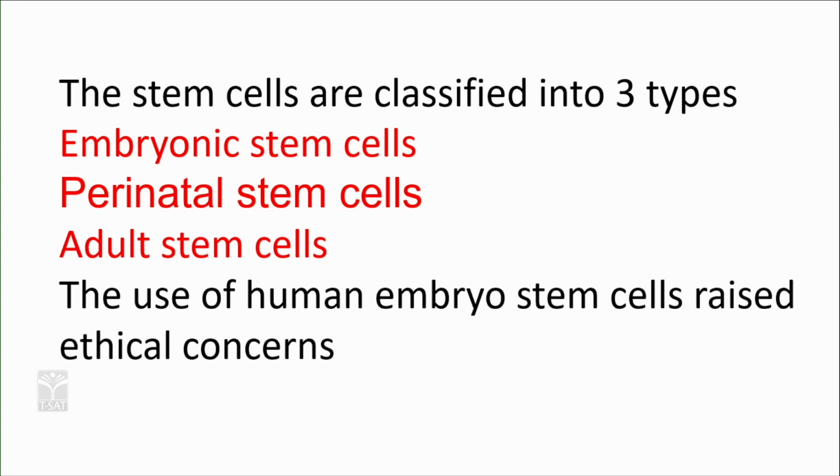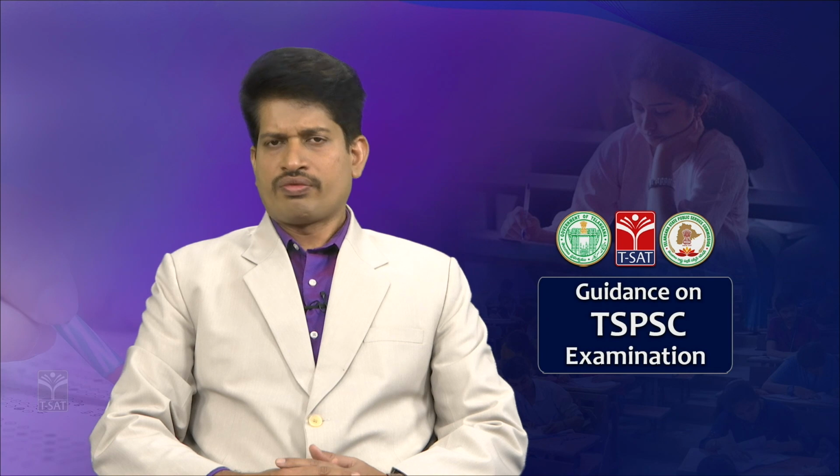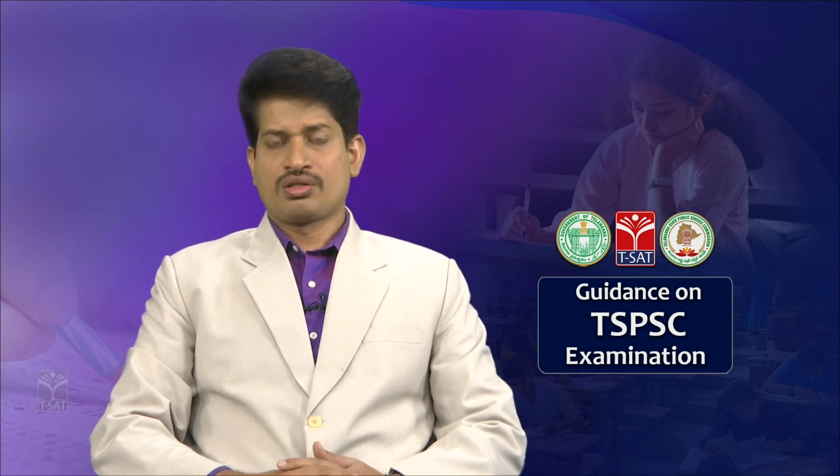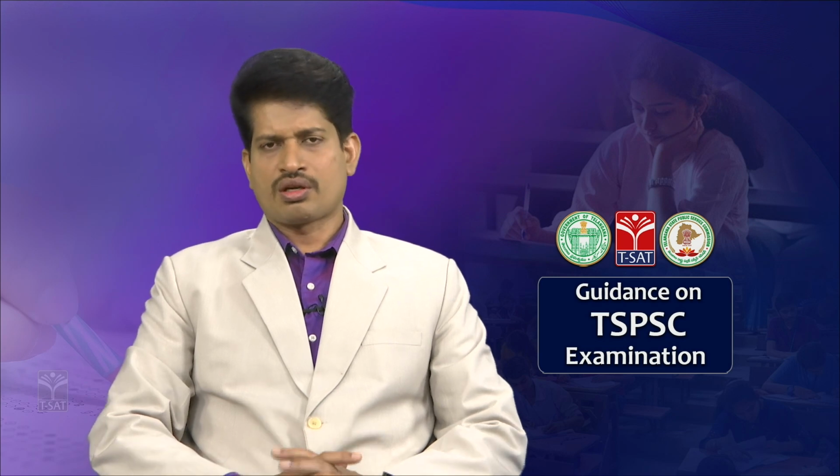So, we need to know where these stem cells are and their capacities. The use of human embryo stem cells raises an ethical concern, because an embryo which is developing in the mother's womb has fundamental rights, like any other rights a citizen has.